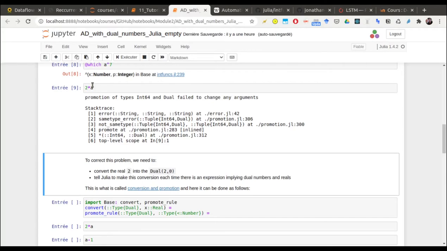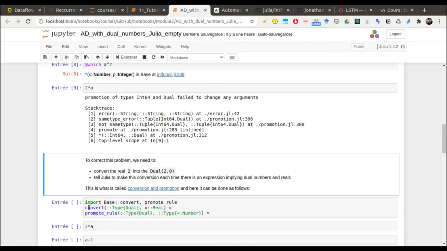Now, each time I see an expression where I have a real number and a dual, what I'd like Julia to do is transform these two into duals and then do the multiplication I just defined before between two dual numbers. So this is what is called conversion and promotion.